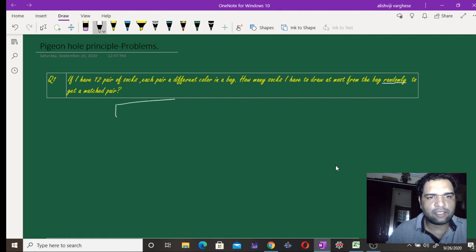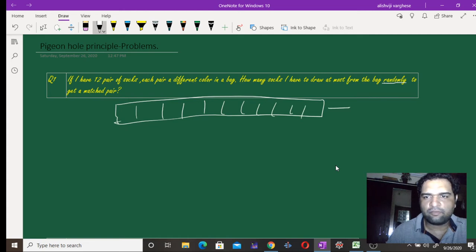Let us consider the 12 different colors as pigeonholes. So the number of pigeonholes is 12. Now I'm randomly drawing socks from this bag, and to ensure that at least one cell corresponding to a color contains more than one sock or pigeon.